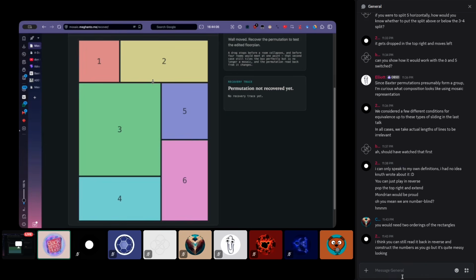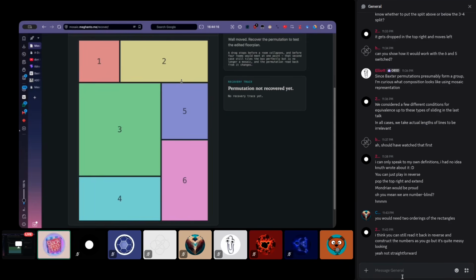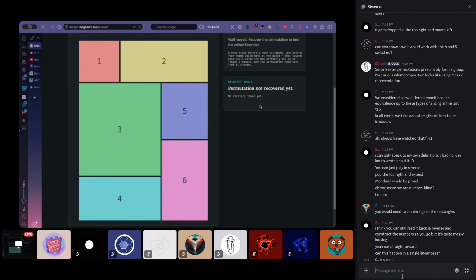For 6 blocks, I can't do it in my head properly. For 10 blocks, I definitely can't. It's not straightforward, but there's a straightforward way of doing it. CTL 560, do you want to elaborate on your idea? Yes, it can happen in a single linear pass.